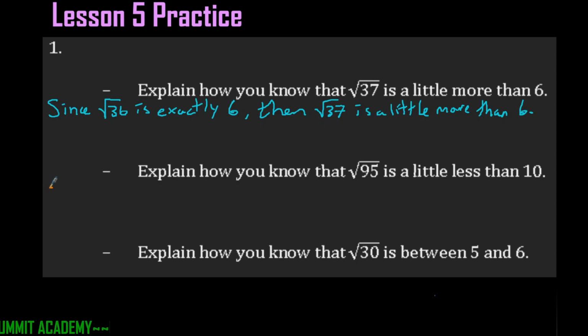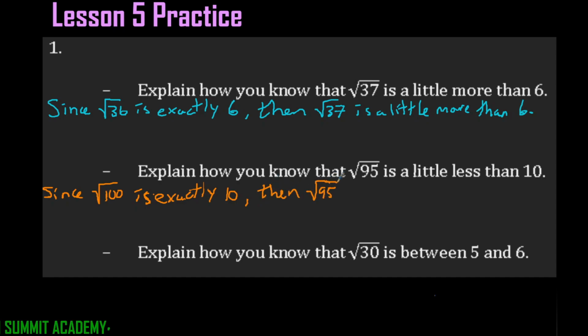Well, we can say since the square root of 100 is exactly 10, then the square root of 95, which is a little less than 100, is a little less than the square root of 100, so the square root of 95 is a little less than 10. Again, real simple for each of these.